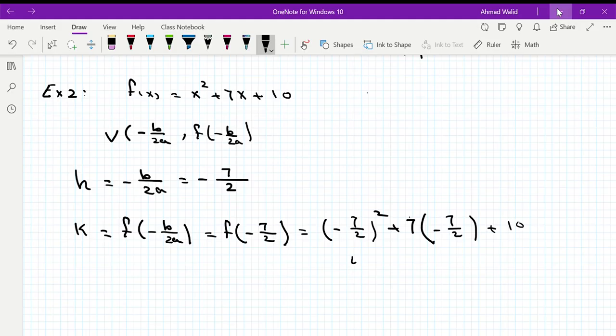Here it gives you 49 over 4. Here positive times negative gives you negative. 7 times 7 gives you 49 over what? 2 plus 10.